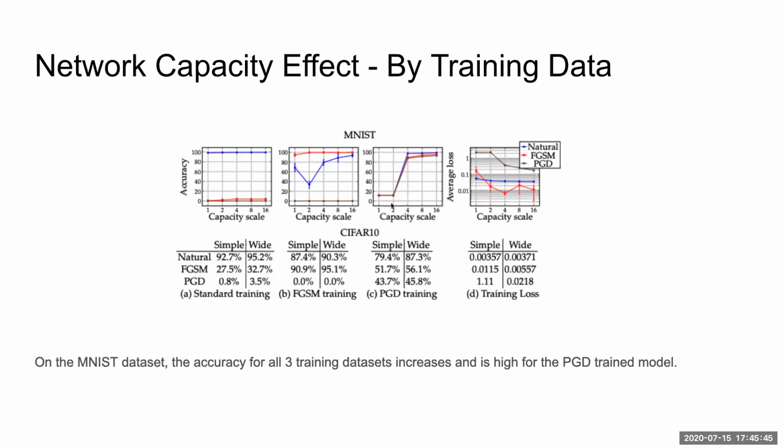If you take a look at the third chart, what you'll see is the third chart is where the model was trained, including the PGD generated data. And you'll see that as the scale of the neural network increases, especially around 16, we suffer just a tad bit on the natural data, but you'll see the accuracy obviously is much higher for the FGSM and the PGD data.